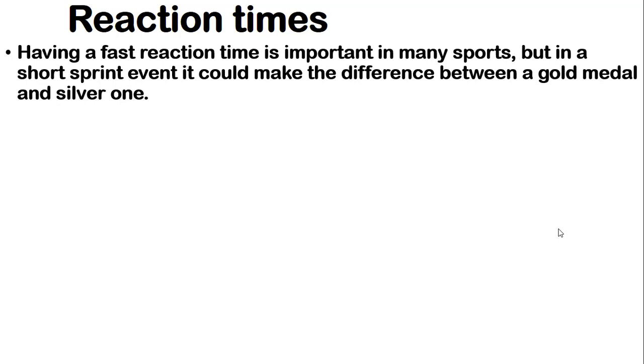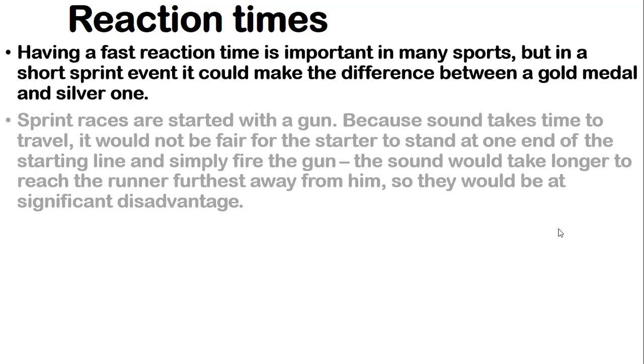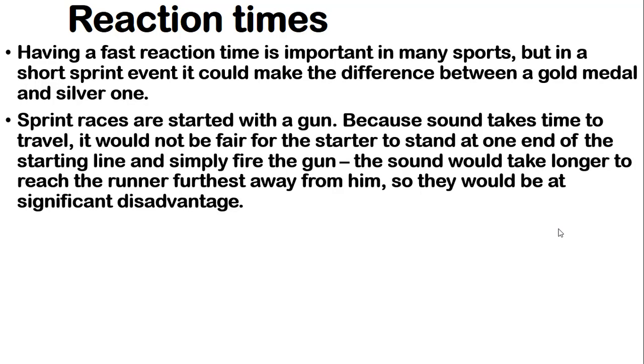Having a fast reaction time is important in many sports, and in a short sprint it can make the difference between a gold medal and a silver one. Sprint races are started with a gun, but sound takes time to travel. It would not be fair for the starter to stand at one end of the starting line and simply fire the gun.